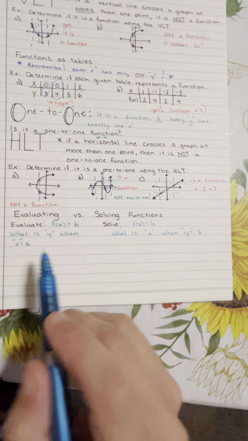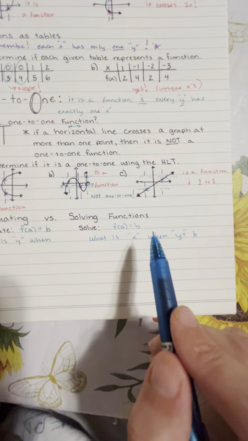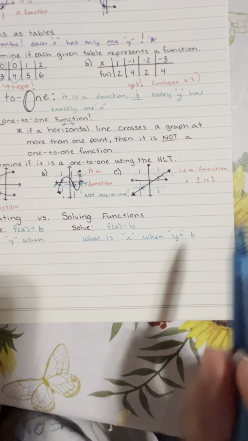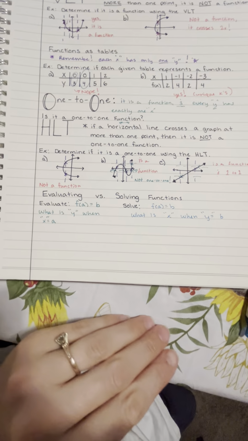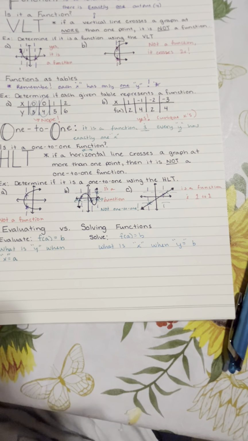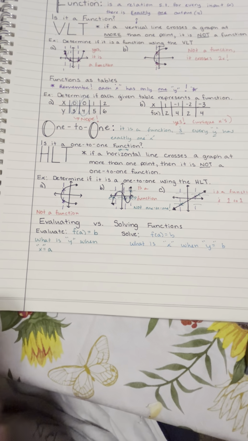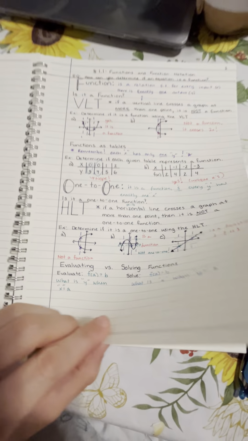So if you're asked to evaluate something, you're finding the y value. If you're asked to solve something, you're finding the x value. That's how these two are different. Math is its own language, and this is how you start to interpret that language. So let's go to the next page.